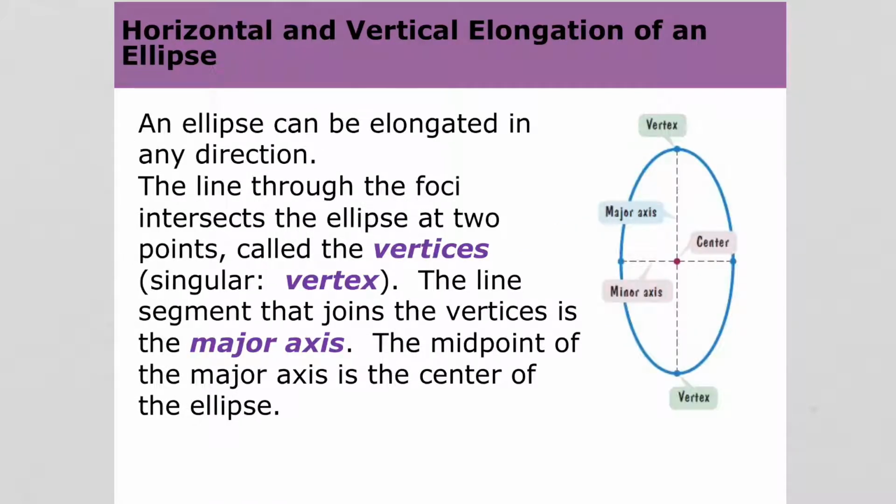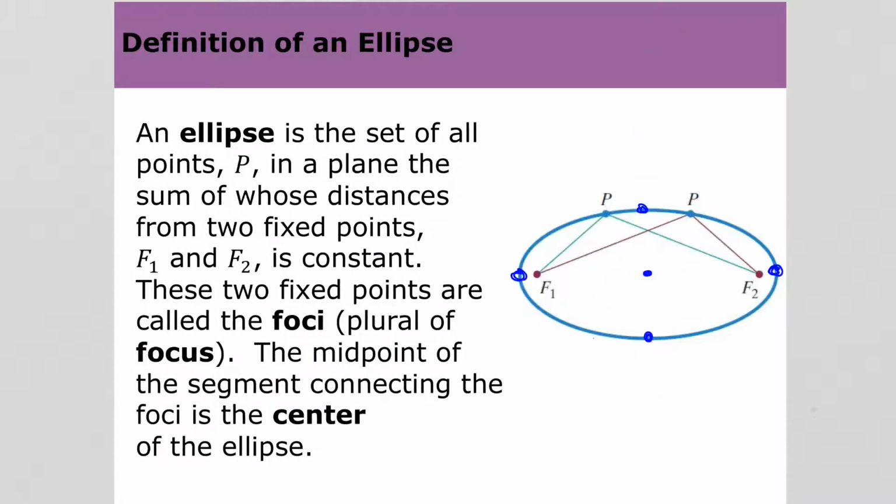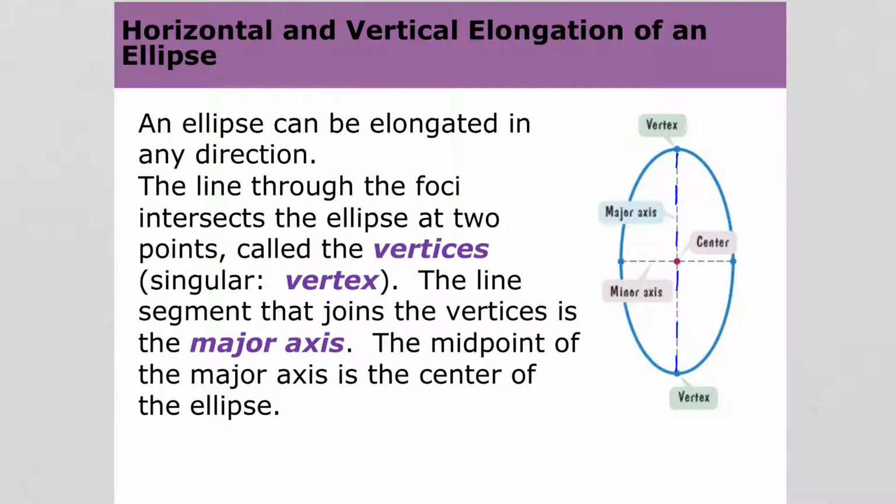The ellipse can be horizontal, like this picture, or vertical, like this one. The major axis, as I said, always goes along the longer stretch of the ellipse. So in this case, the major axis is vertical. In that case, the major axis was horizontal. Then the minor axis goes along the shorter distance.